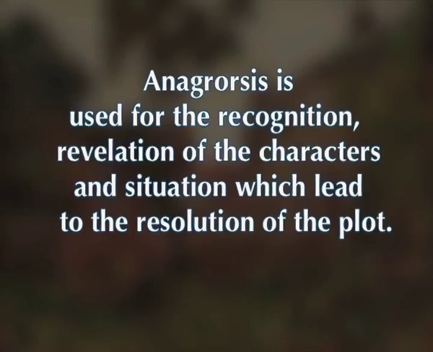Situation and characters are revealed through anagnosis. Anagnosis is a term in Greek tragedy used for recognition, revelation of the characters and situation, which ultimately lead to the resolution of the plot.